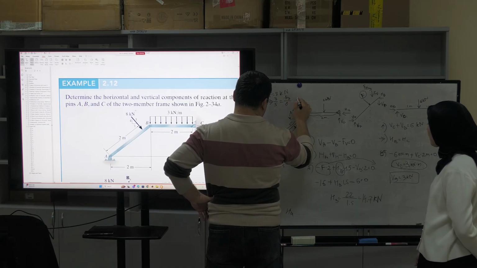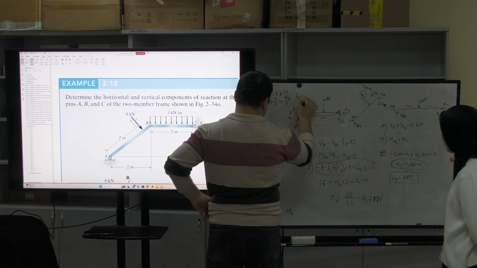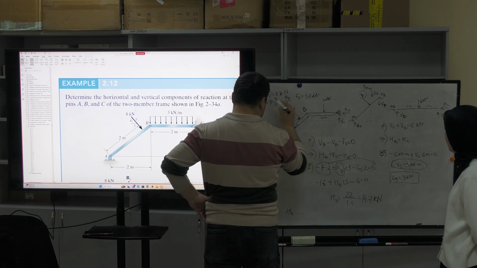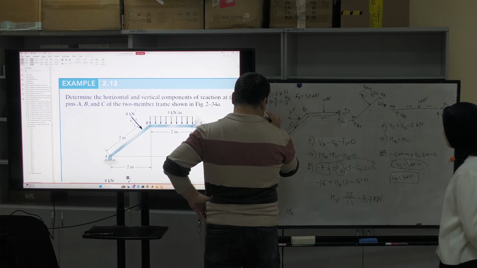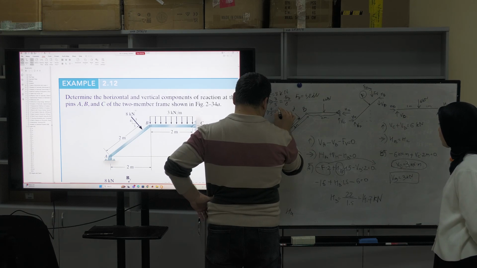And FH is equal to 4.8 kilonewtons. Yes, something like this. And V is equal to 4 over 5 is equal to FV over 8. And FV is equal to 6.4 kilonewtons.